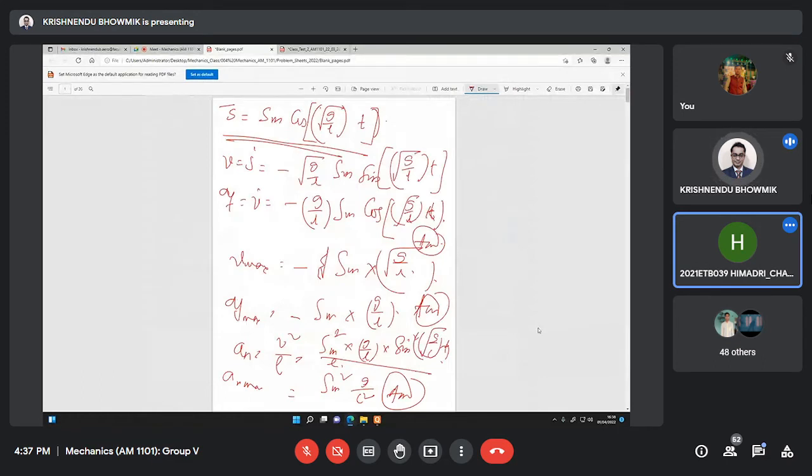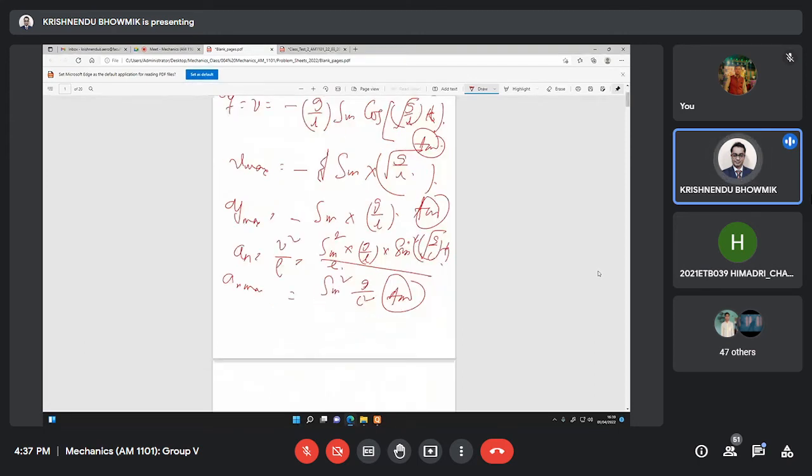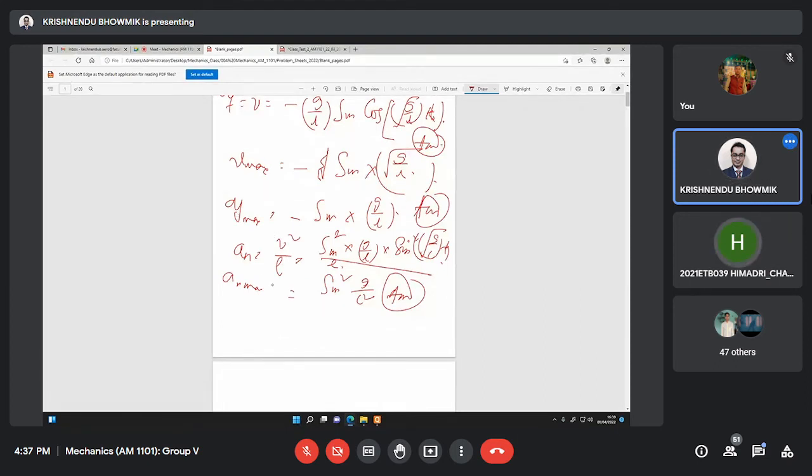So what do you want when you have this expression? Which one you want to change here? This one. No, but An will always be V square by rho. So with respect to the bob, g cos theta will be away from the point of hanging.